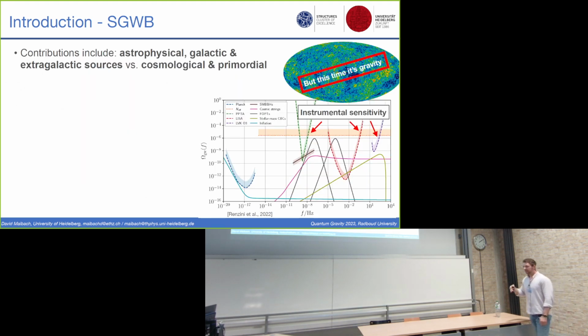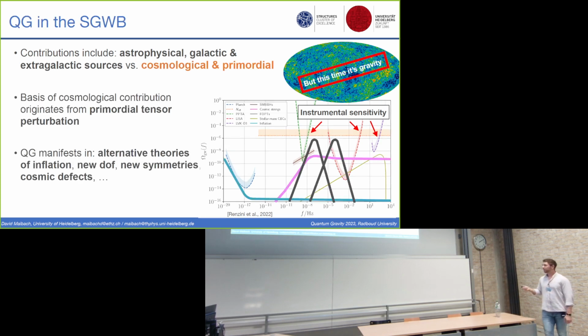But the point I want to make today is that the stochastic gravitational wave background contains a lot more than just these supermassive black holes. It contains galactic and extragalactic sources, which include this, but not only. But more importantly, and in my opinion, more fundamentally, there are also primordial and cosmological sources.